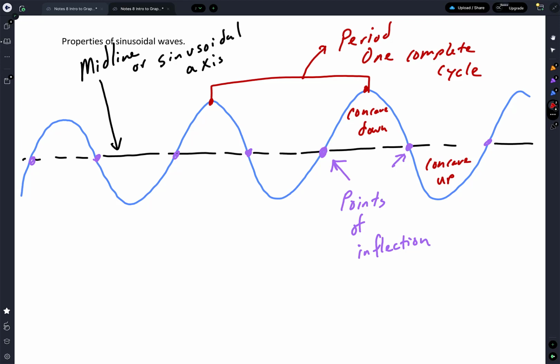Let's see what else. Oh, the amplitude. The distance from the peak to the midline is called amplitude. You could also say that's the same as the distance from the minimum to the midline. That's also amplitude.